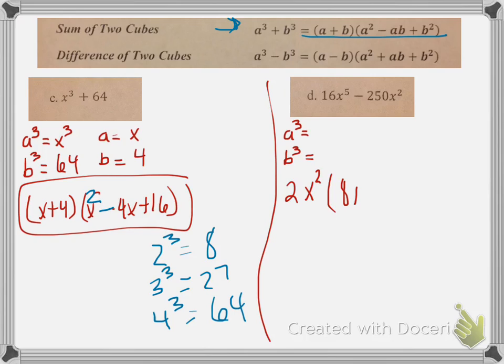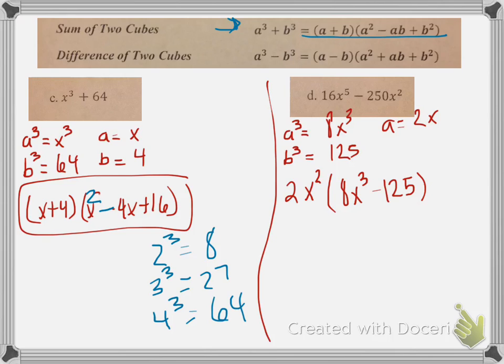So that becomes x squared times 8x to the third, minus 125. Because 250 divided by 2 is 125, and the x squared has been taken out. So now that would be my a cubed and my b cubed. Now 8x cubed, the cube root of 8 is 2. Just don't forget the x.